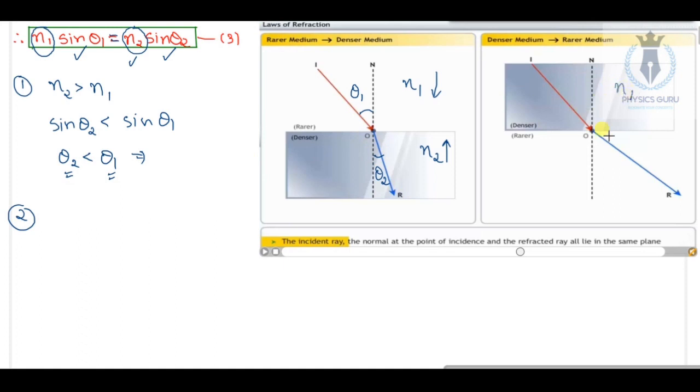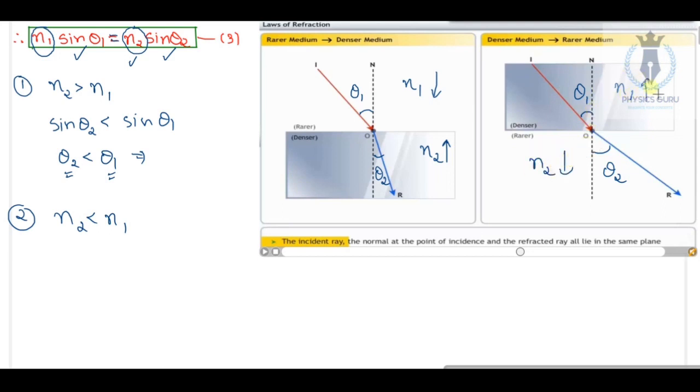Similarly, in this case, suppose the refractive index of this medium is n1 and the refractive index of this medium is n2. This is the angle of incidence theta 1 and this is the angle of refraction theta 2. Here n2 is less than n1. This medium n2 is the rarer medium, so n2 is less than n1.